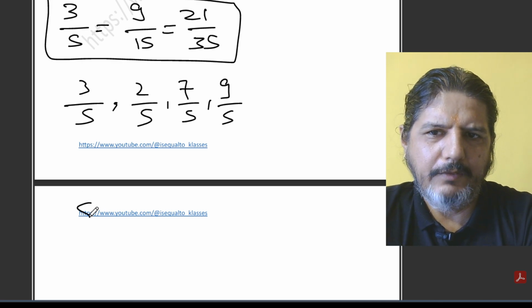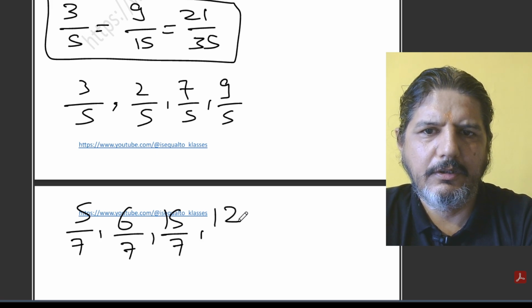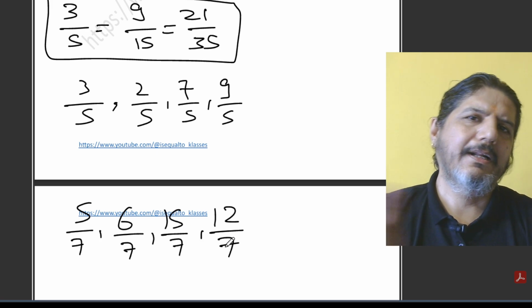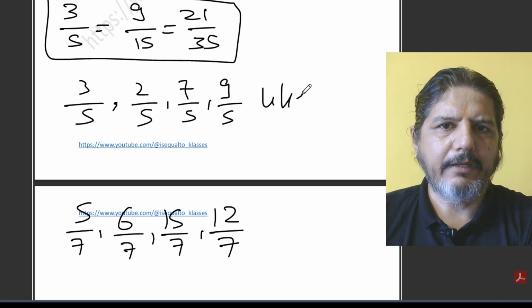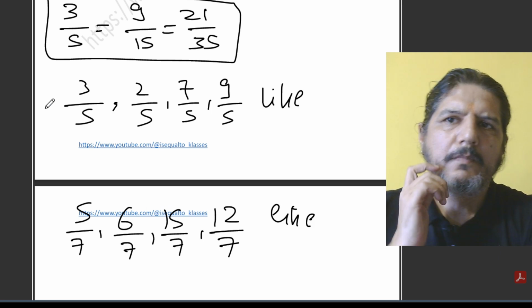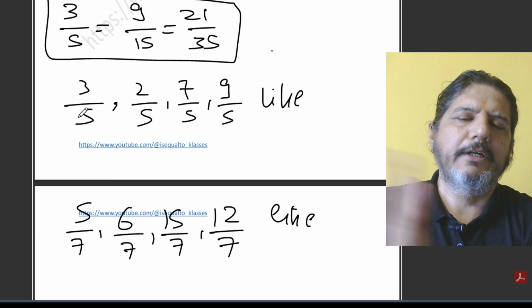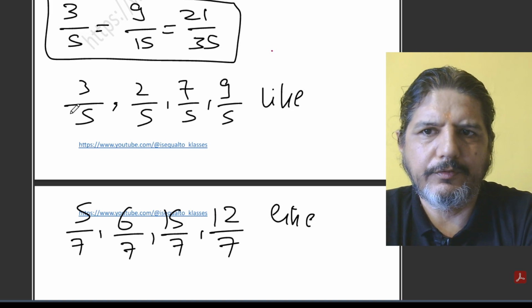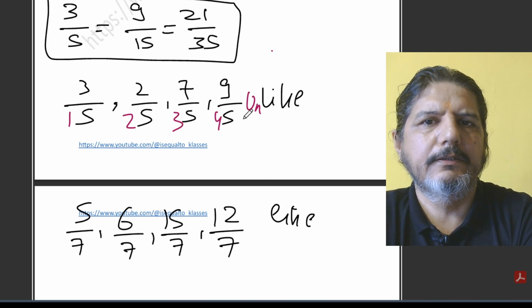Another example, 5 by 7, 6 by 7, 15 by 7, 12 by 7. These are like fractions, where the denominator is the same. If the denominators are different, then they are unlike fractions. For example, 1 by 5, 2 by 5, 3 by 5, 4 by 5.